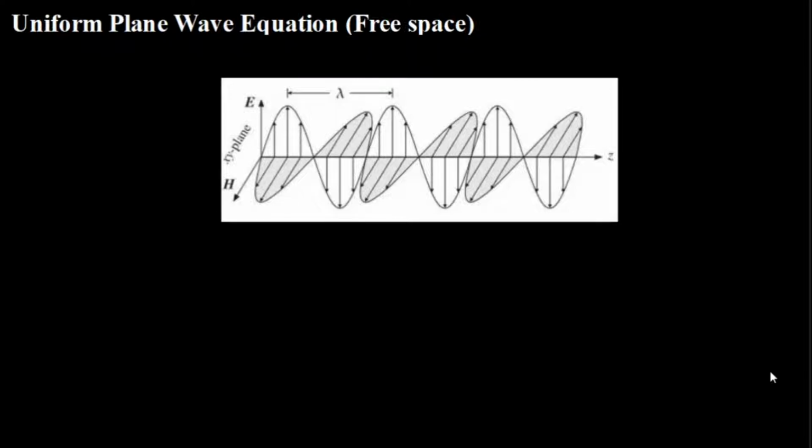XY plane, then YZ plane and XZ plane. So, if both electric field and magnetic field are lying on the same plane, either in the XY plane or XZ plane or YZ plane, this is the first condition. The electric field and magnetic field should be lying in the same plane.